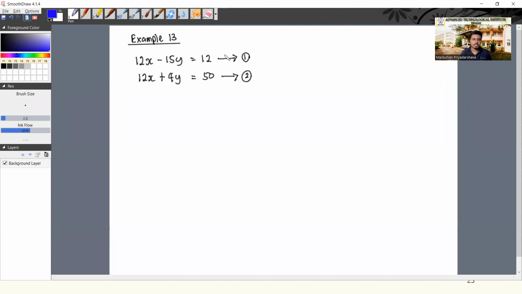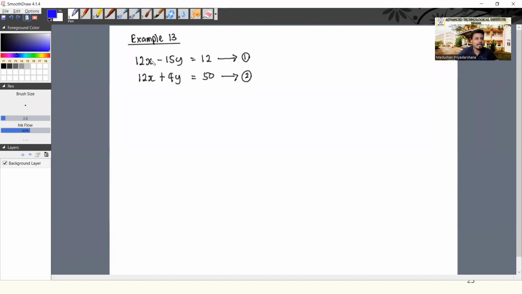In the given original equations, the absolute value of x is similar. Here we have 12x, and in the second equation also we have 12x. 12 and 12 is there. It is equal. So no need of building separate equations. They are already equal in the original equations provided.